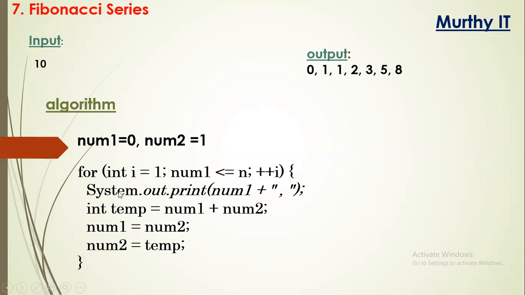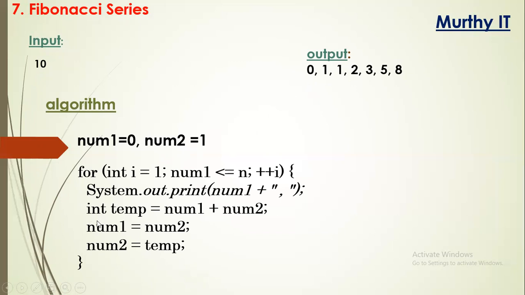Now I am printing number 1. What value is in number 1? 0, and that will be printed. Next I take temp equal to number 1 plus number 2. Currently number 1 is 0, so 0 plus 1 is 1. In the first iteration, 0 is already printed.